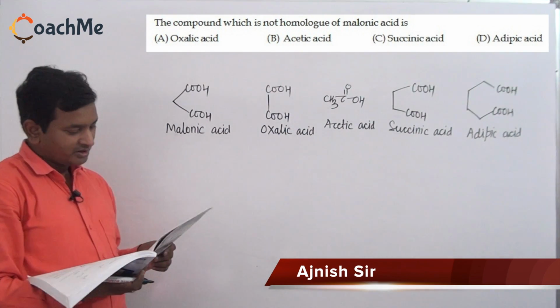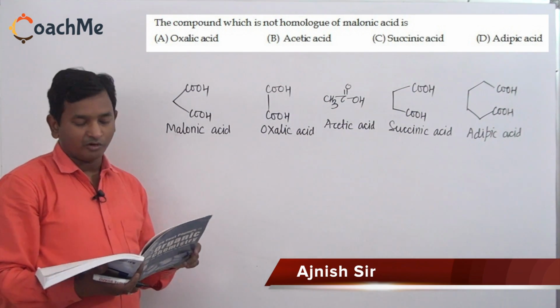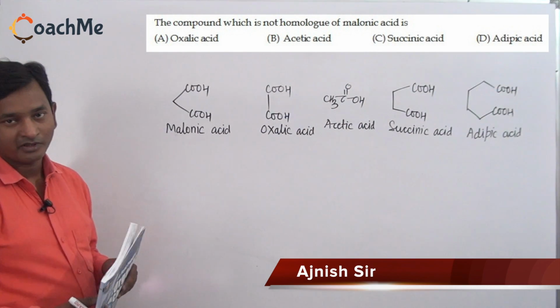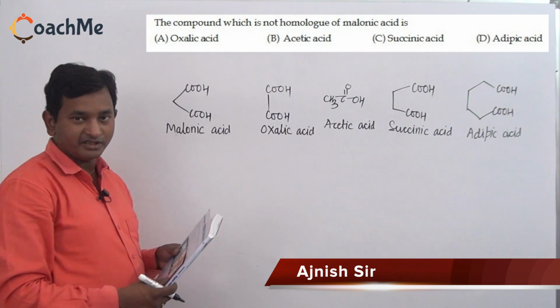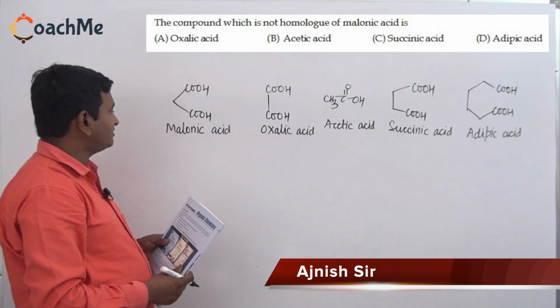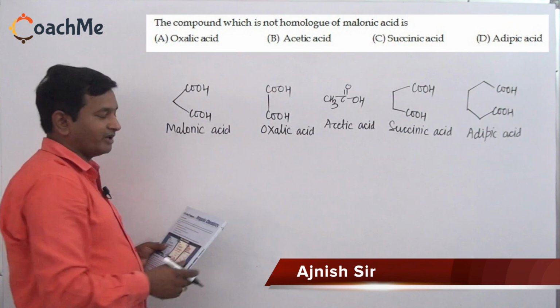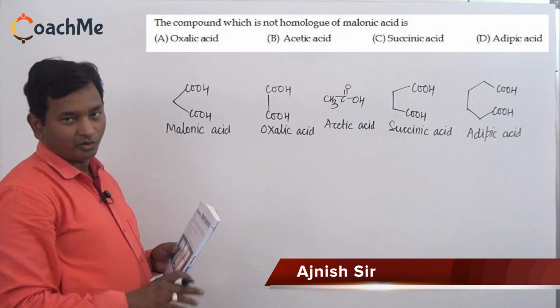And the question is asked, the compound which is not a homologue of malonic acid is. As you have the structures, now you can easily identify which is not the homologue of malonic acid. Go to the basics.